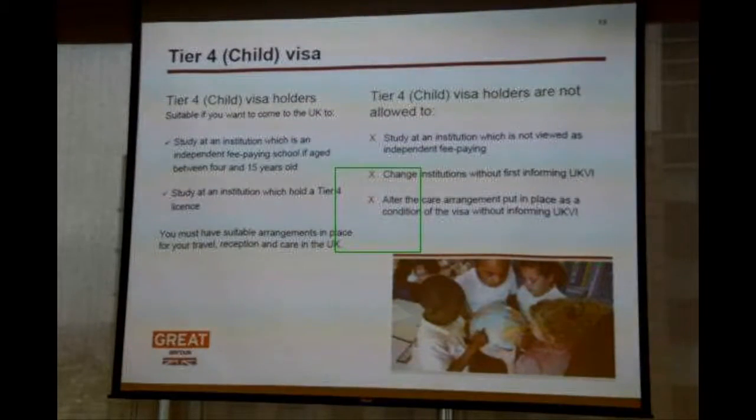Okay, even if they register with the local council, that's not permissible. Again, they can change institutions, but they must get permission from UKVI first or submit an application. And the care arrangement, once this has been put in place, is a condition of the visa, so it can't be changed unless you notify UKVI.